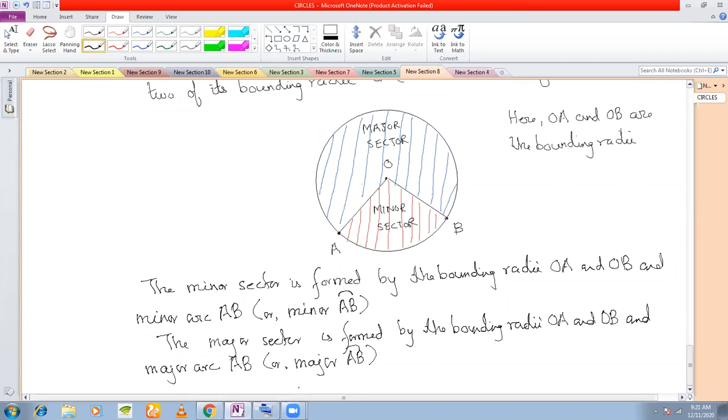So this is how we define the sectors of a circle.